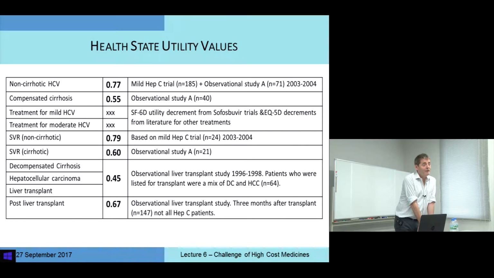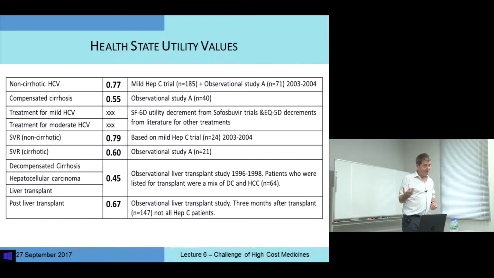We tend to prefer to see values that come from the trial itself. So we're taking treatment effectiveness maybe from a trial or series of trials. If possible, we'd quite like to see the health state utility values, these weights, to come from the same trials. If that's not possible, they can come from the literature. And so it's then important to demonstrate that these values from the literature are the most appropriate ones to use.